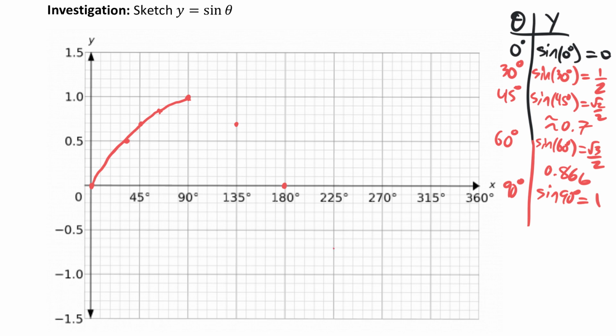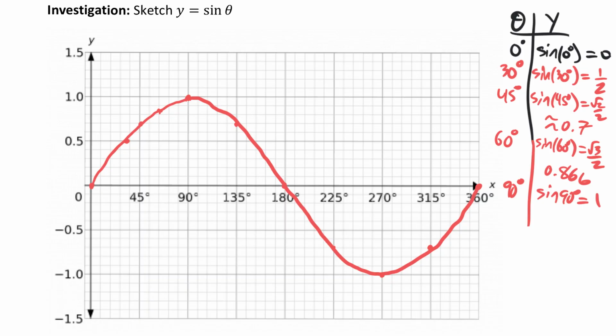So that's about down here. Sine of 270 is negative 1. And then here, and then back to here. And so if we connect these dots with a nice smooth graph, we should have something that looks like this. All right, so there we go. That's the graph of sine of theta.